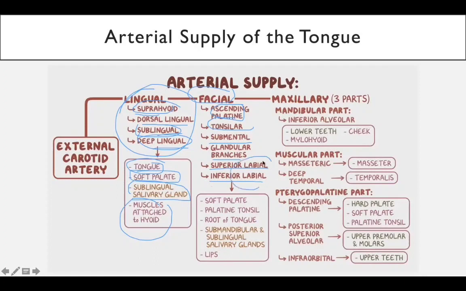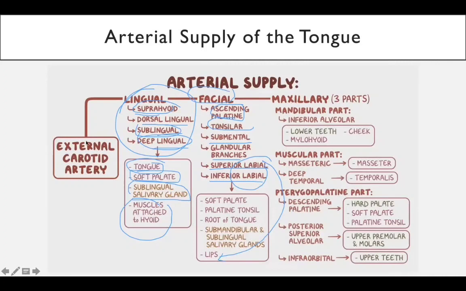What do you mean by labial? Lips. So we know from the superior and inferior labial that it supplies the lips, right? And then there is the tonsillar towards the palatine tonsils, and then there is the root of the tongue. So it's the tonsillar artery, right?